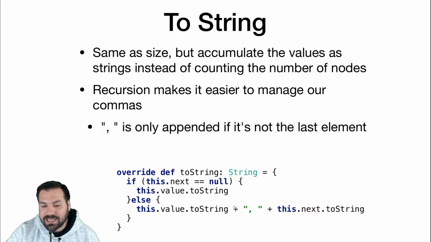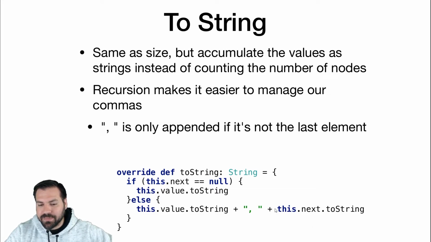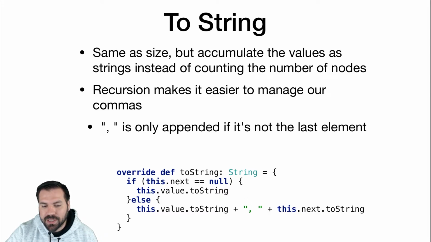If a node is not the last element in the list, we're going to recursively call toString on the next element, get the entire rest of the list as a string. I'm going to splice in my comma, and then call my value's toString, and then return that.